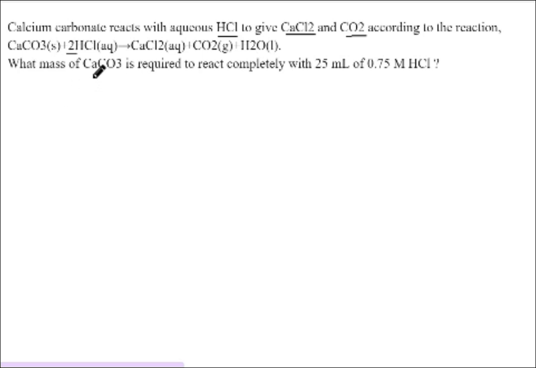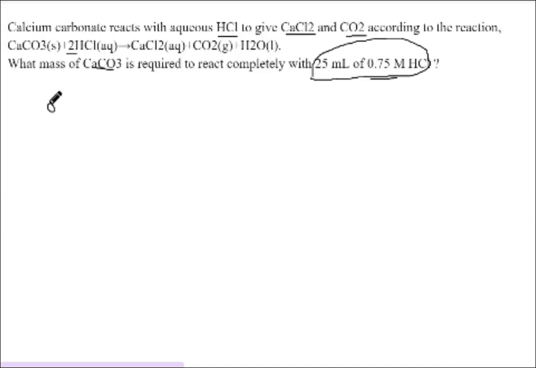So, what the question is, what mass of calcium carbonate do you require to react completely with 25 ml of 0.75 molar hydrochloric acid? Now, what does this phrase mean? That 25 ml of 0.75 molar hydrochloric acid has been given to you.